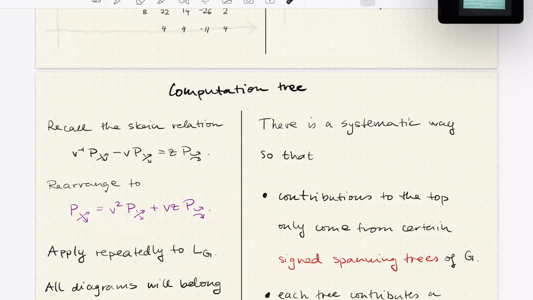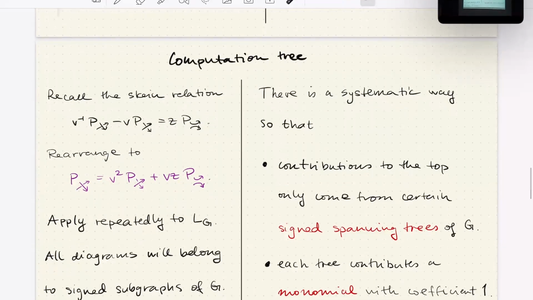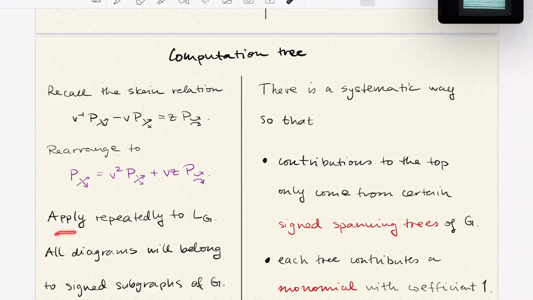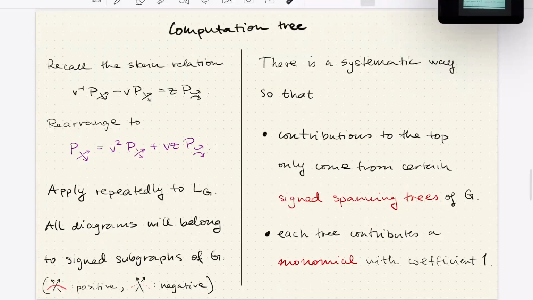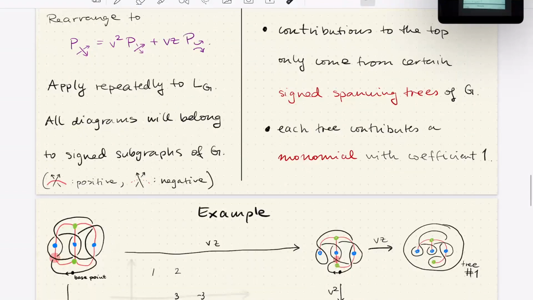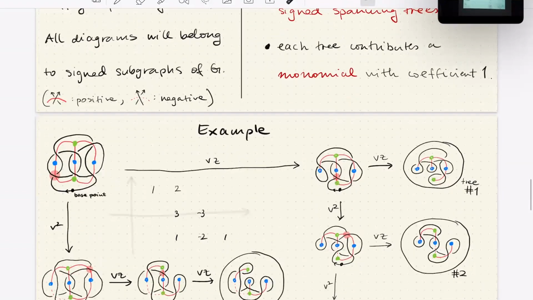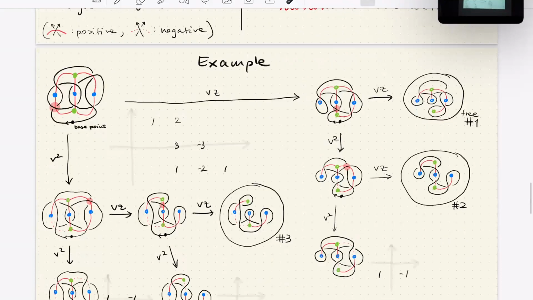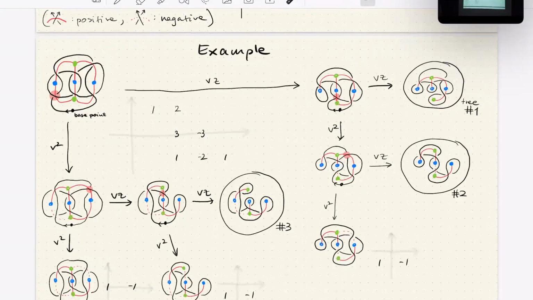All right, and then the way you actually compute a Humphrey polynomial is that you apply this rule repeatedly to the diagram, and hopefully this is going to be a computation that happens in finite time, and of course it does. So here's what it looks like in a super concrete case. The goal of this talk essentially is to go through this one computation.